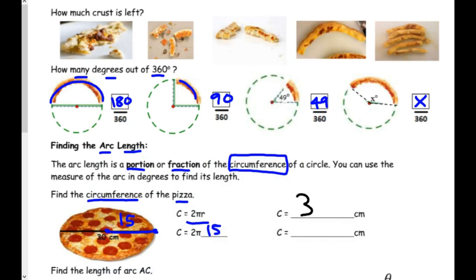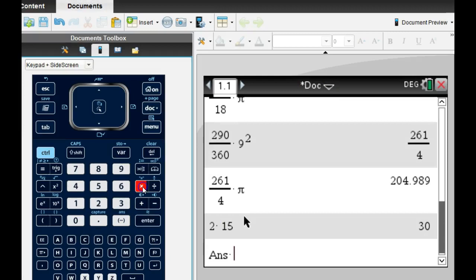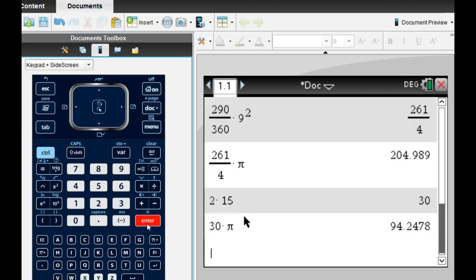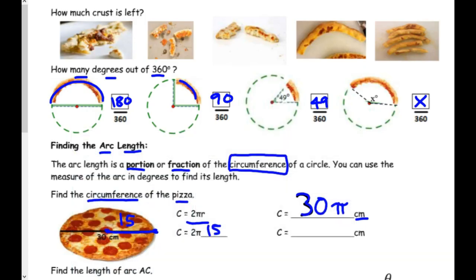Now I want you to notice, this is 30 pi centimeters. It is not squared. Is everyone looking up here? Arc length is one-dimensional. It's a length. It's not an area. It's not a volume. So you do not put squared on arc length. It's just regular old centimeters. And then to get it in a decimal format, I do times pi, and I get 94.25.